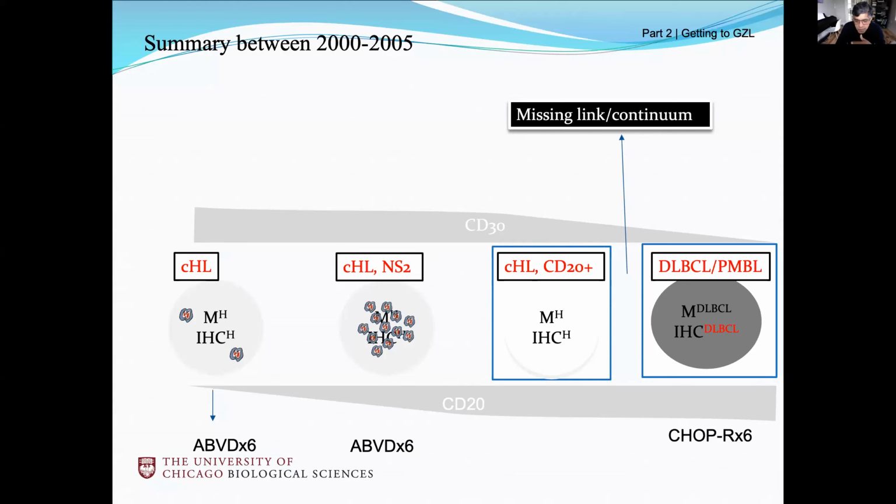And of course, for PMBL, they choose more aggressive regimens like EPOCH-R, but this is not a talk on the oncology choices. So with that said, maybe there's a missing link that we need to know, and that's where we come to learning about certain other kinds of cases that we've seen between 2000 and 2005.